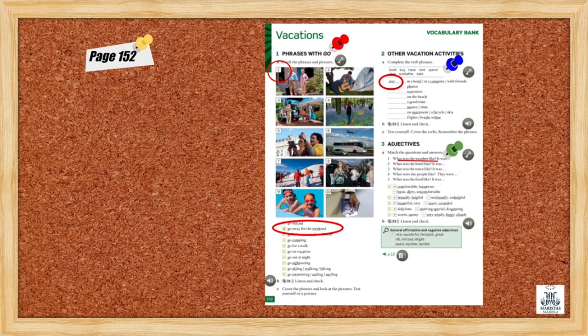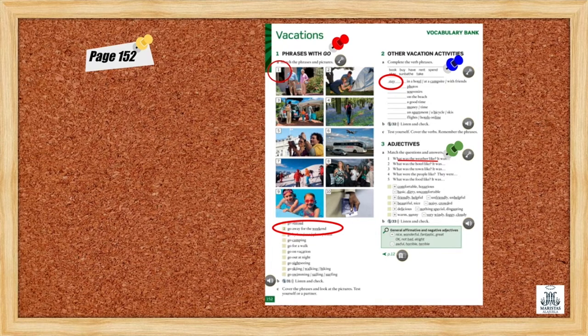So, can we say that the weather was comfortable, luxurious, basic, dirty, uncomfortable? Or can we say that the weather was friendly, helpful, unfriendly, unhelpful? Or beautiful, nice, noisy, crowded?